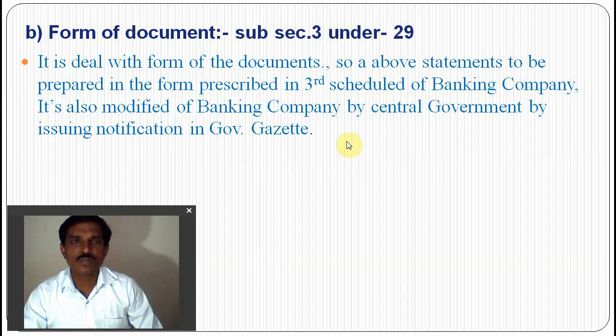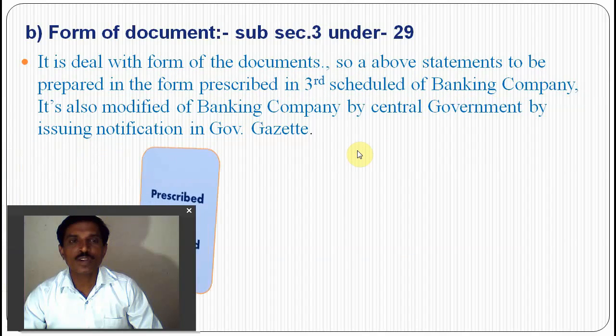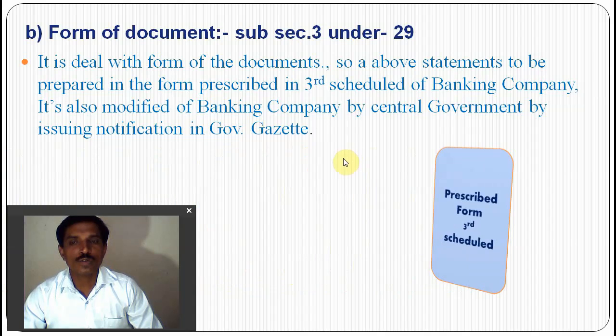So under this subsection of section 29, every banking company prepares one document in the prescribed form of the third schedule, and whatever is needed is clarified by the government in the government gazette. Some of the things are mentioned in the prescribed form in the third schedule, and it is necessary for all scheduled banks to fill up the prescribed form.